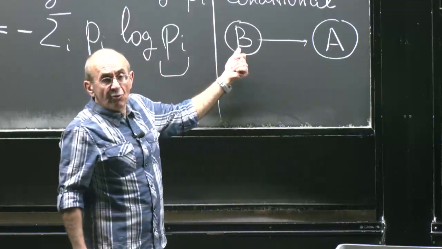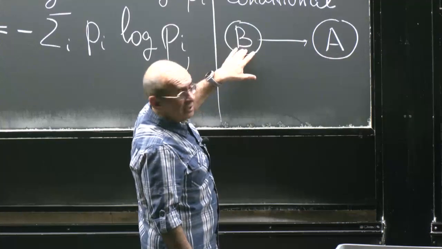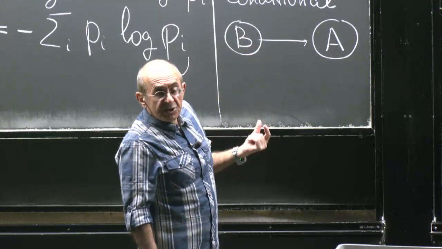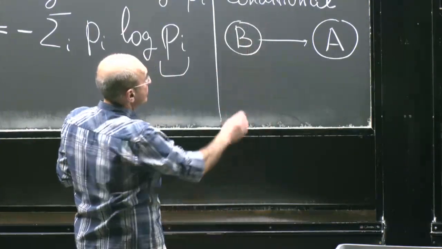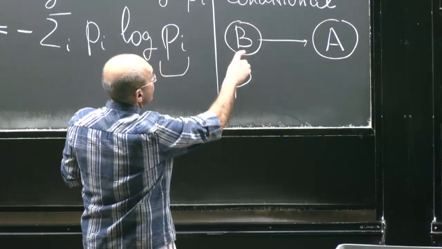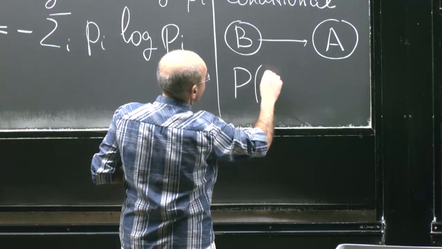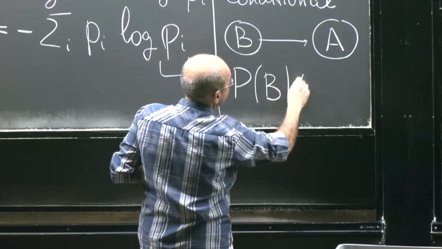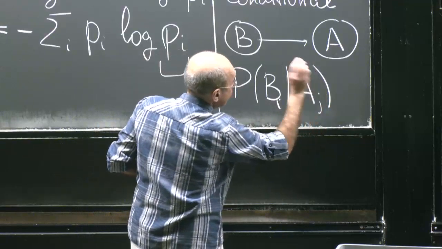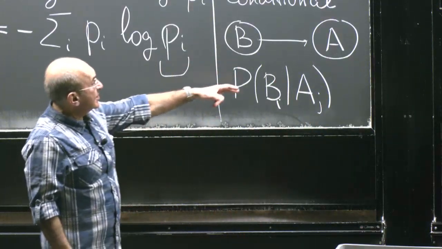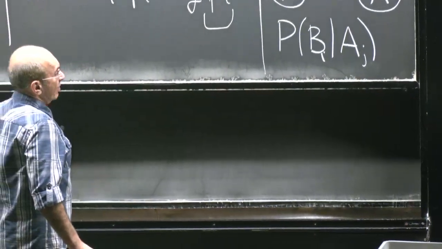But we really want to know B. And if A is exactly equal to B, there is no problem. But generally, there is something remaining. And it is this conditional probability that determines the correlation between B and A. So what is the probability of having B_i if we are given this value A_j?